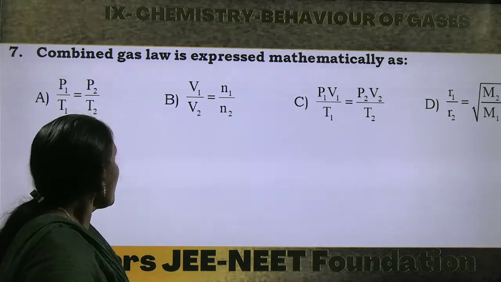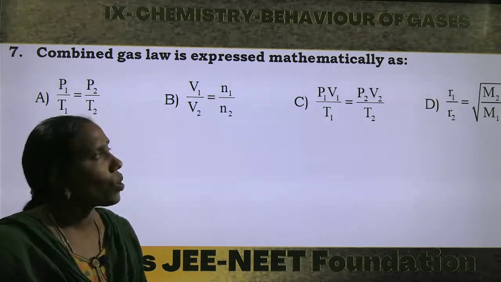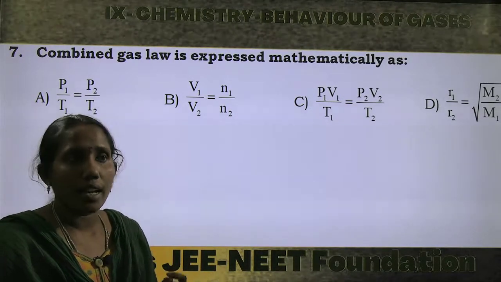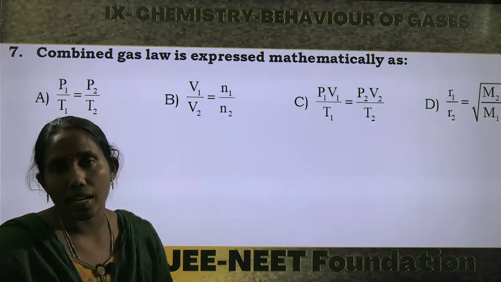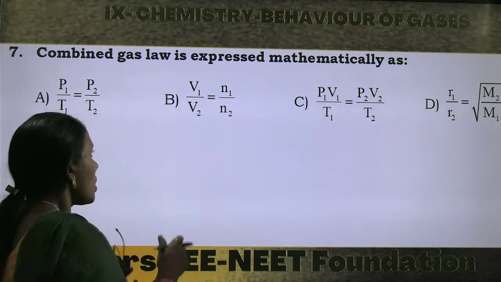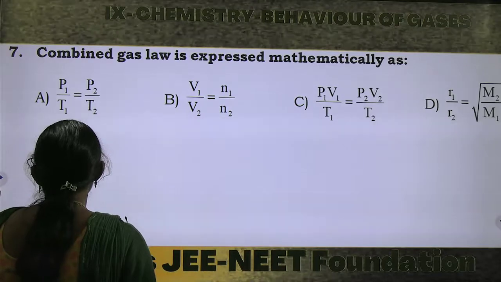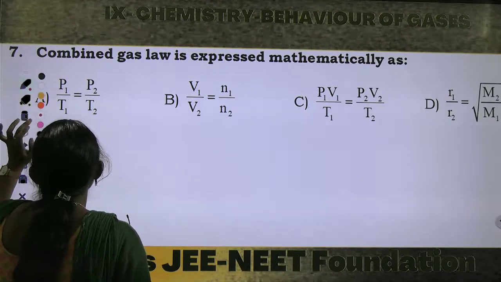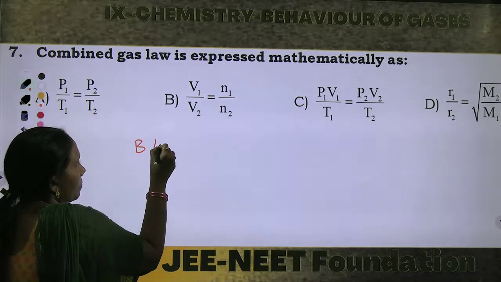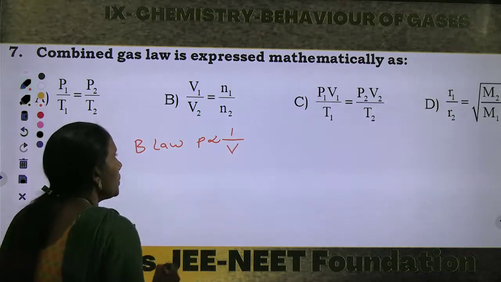Next question, combined gas law is expressed mathematically as. First of all, what is meant by combined gas law? Combined gas law is nothing but the ideal gas equation, because in it we are combining Boyle's law, Charles' law and Avogadro's law. Boyle's law: pressure is inversely proportional to volume.